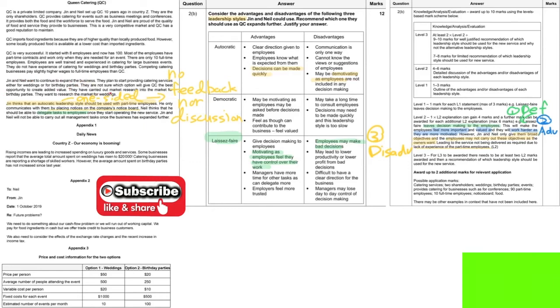It talks about how they have a lot of things to think about, so the part-time employees may not have any ideas to do it. You may also further highlight the work arrangement for the part-time employees. Say for example here, the part-time employees will work only when they are needed for an event.